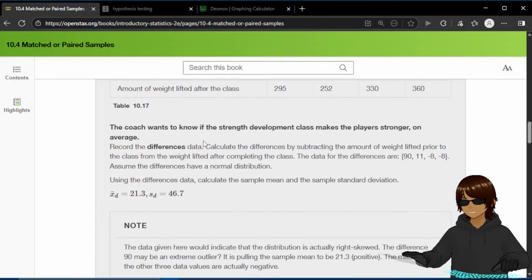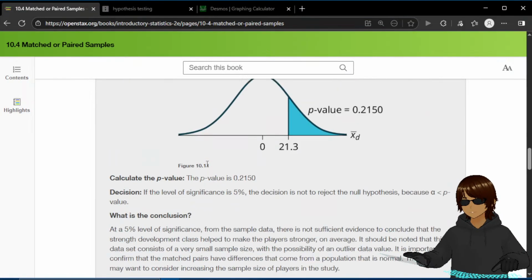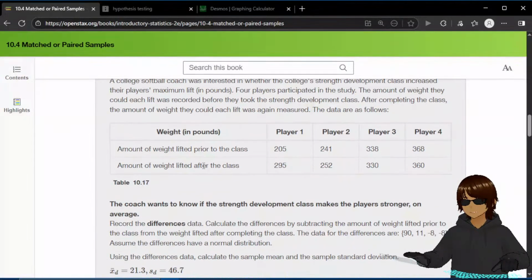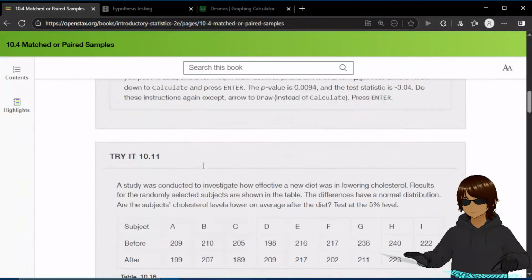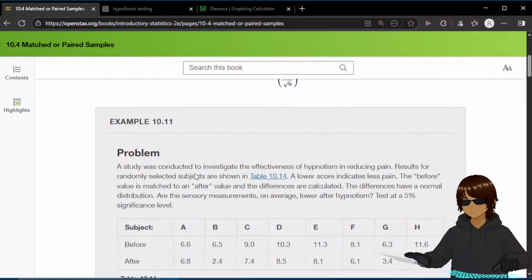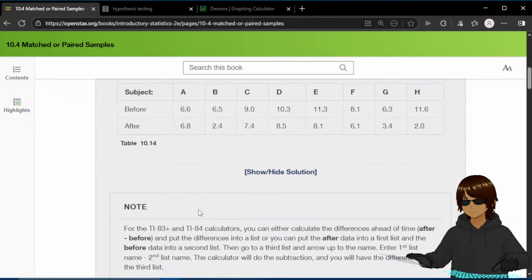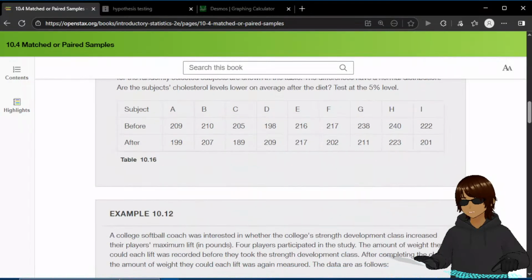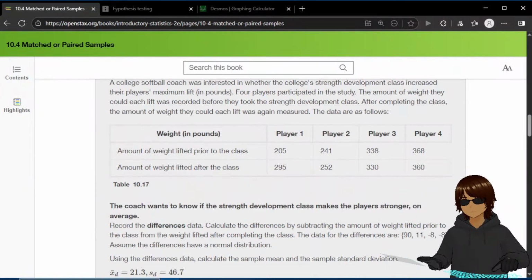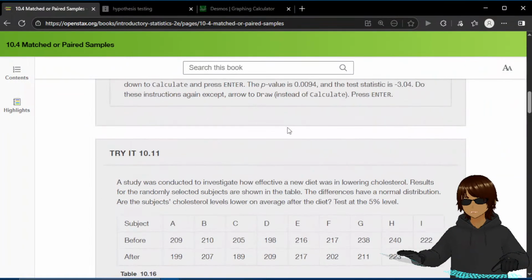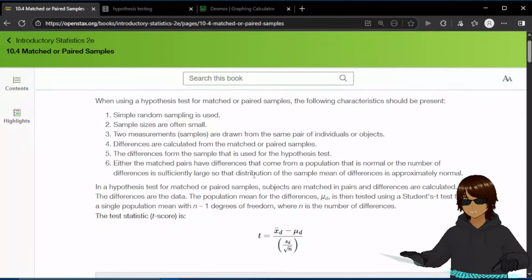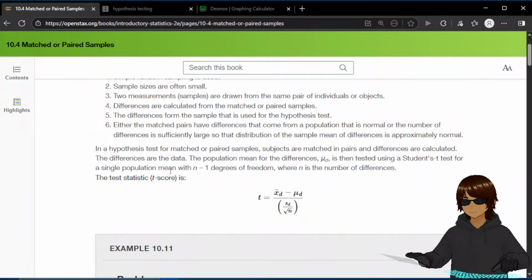I got the difference data. Calculate the differences by subtracting the amount of weight lifted. Or they're just giving us the answer. Wait, let me think about this. Shouldn't I be doing this first? Well, I already started that. So, four players, and n is the number of differences.